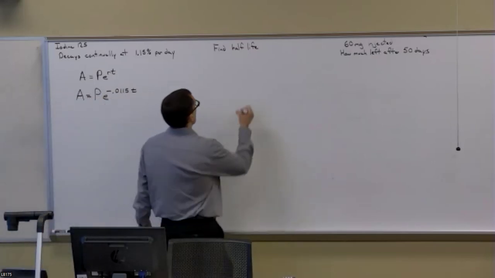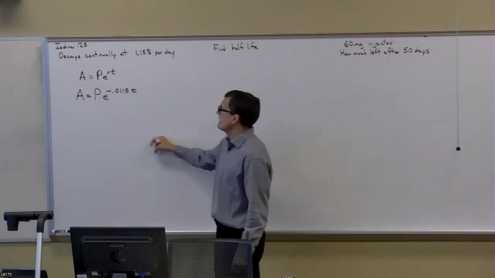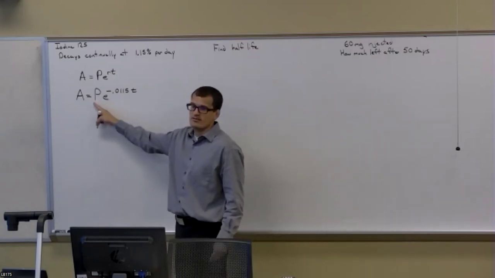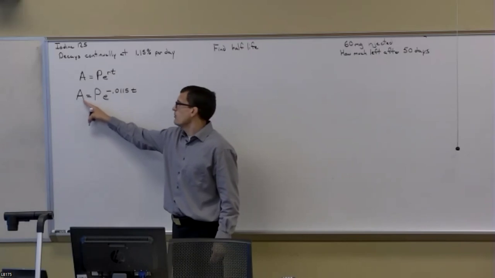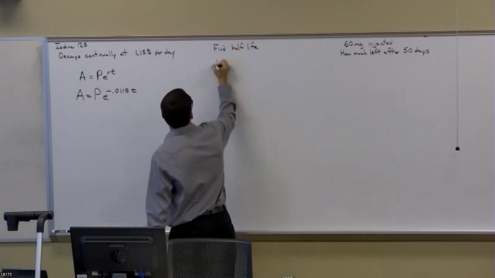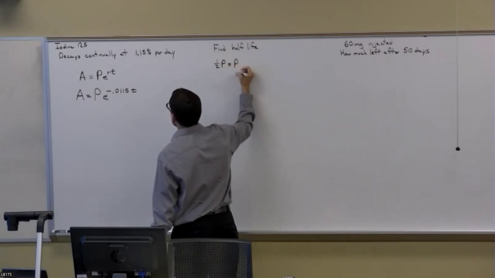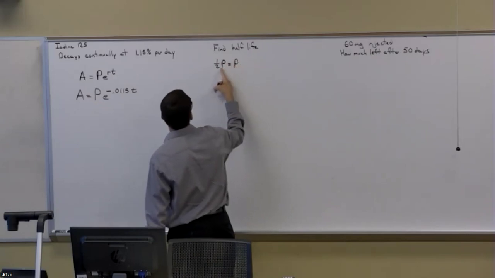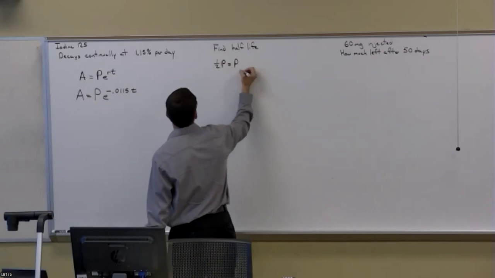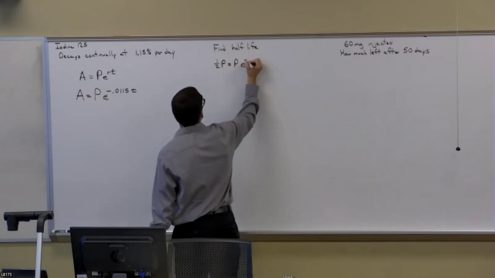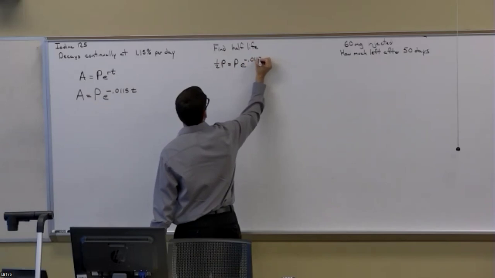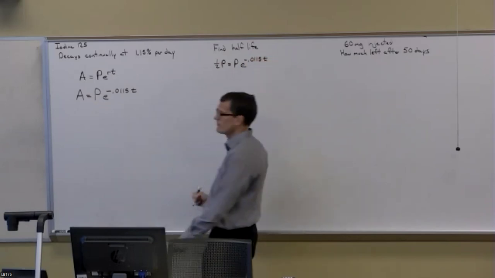So if it says find the half-life, it doesn't matter how much I start with. Whatever I start with, the half-life is how long it takes till my starting amount gets cut in half. Does that make sense?